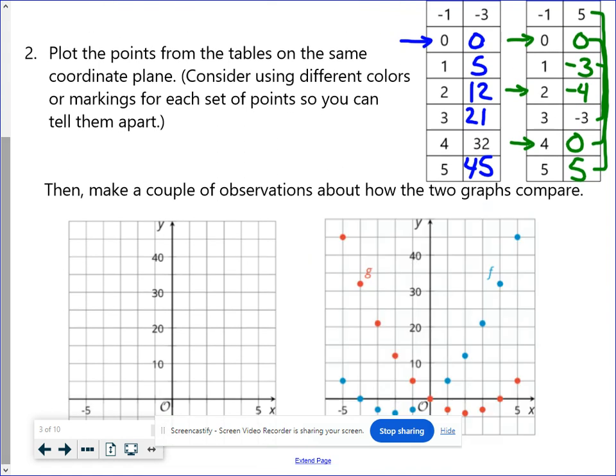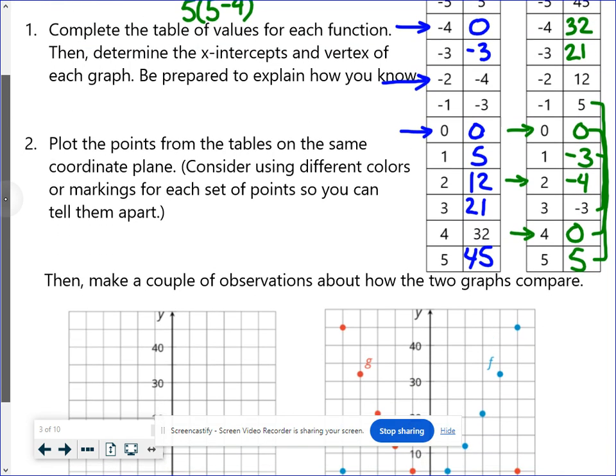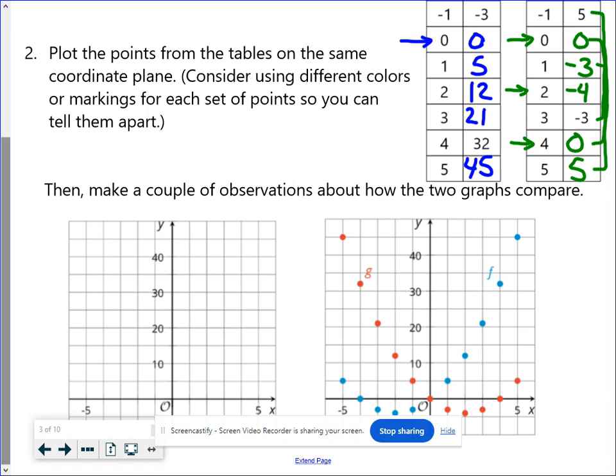I have it done. All right, so the f of x function, I should have used red marker for the g of x function so it could match. The f of x function, I obviously did that on purpose. I've got in blue to match up those points. We've got the vertex is at -2, -4.